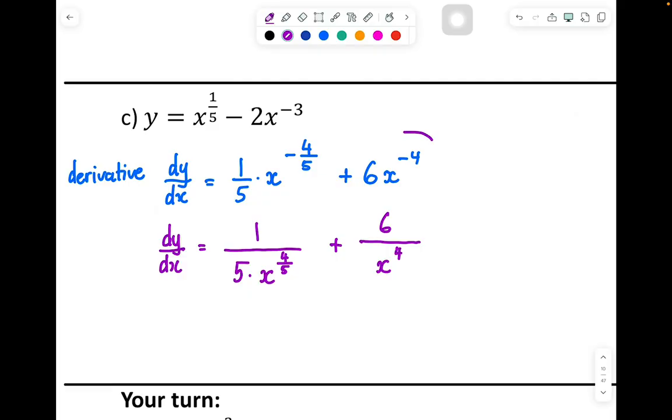Likewise with the next term, it's going to be expressed as such. One more line to make this super easy if we ever want to substitute a number in.